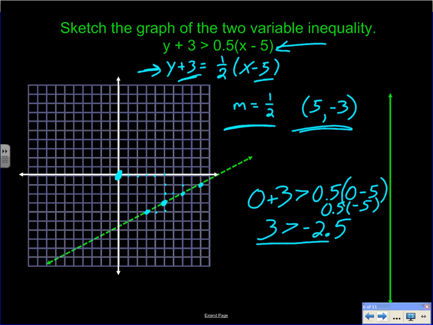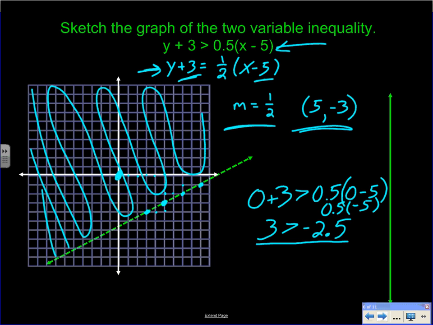So if we look, 3 is greater than -2.5. Is 3 greater than -2.5? Yes, it is. So then this side of the graph is a solution to the inequality. So any point above the dashed line will be a solution to the inequality.